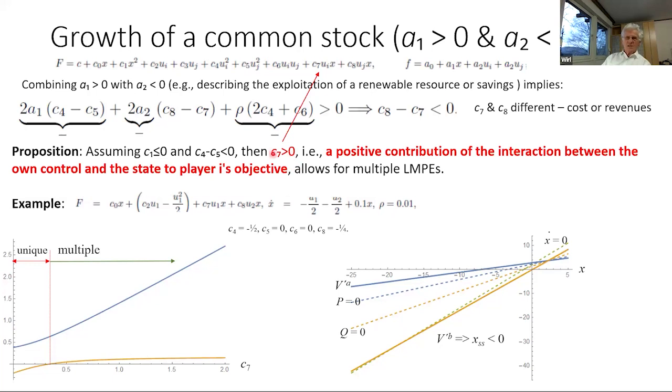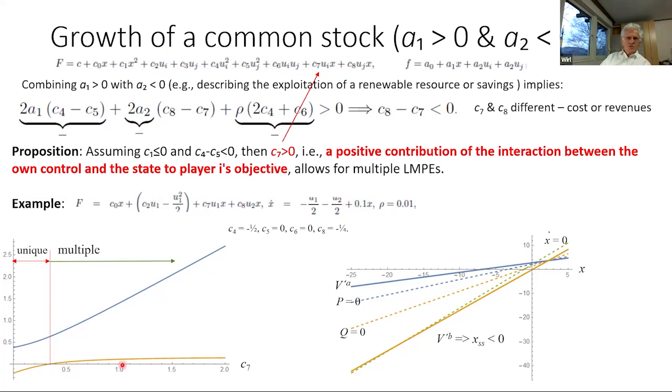No? In economic terms, this means a positive contribution of the interaction between the own control and the state to player I's objective. Okay? And this is shown with an example below.